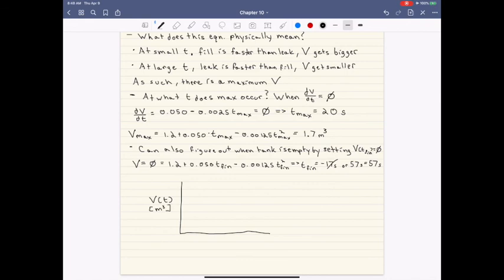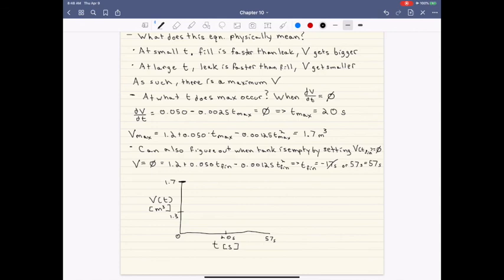And the x-axis here is going to be time in units of seconds. Okay, I'm going to write 0 here, 57 seconds here. This will be about 20 seconds. Okay, right here I'll write 1.3, and up here I'll write 1.7.